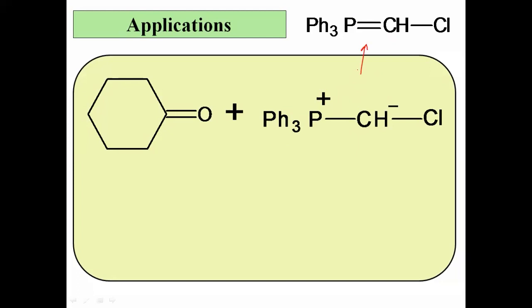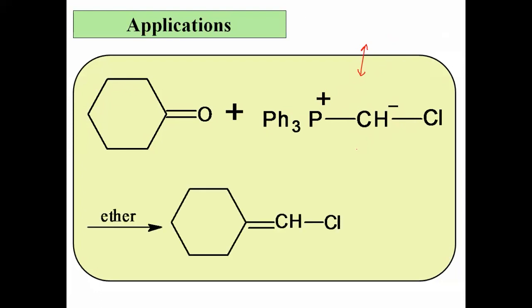Instead of writing a double bond, we can write positive and negative charges. Here the hydrogen is replaced by chlorine. This is an example of a substituted phosphorus ylide. When it is treated with that cyclic ketone, the same type of reaction occurs, and the oxygen is replaced by a CHCl group, and we get the corresponding substituted alkene. Okay, again this is an example of the Wittig reaction.